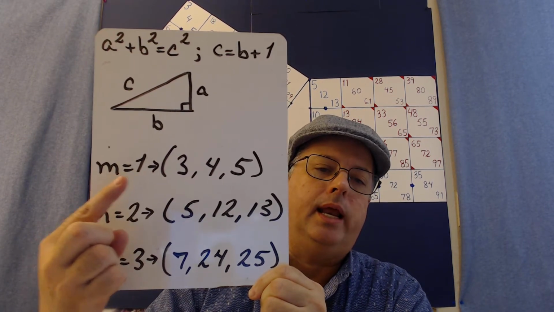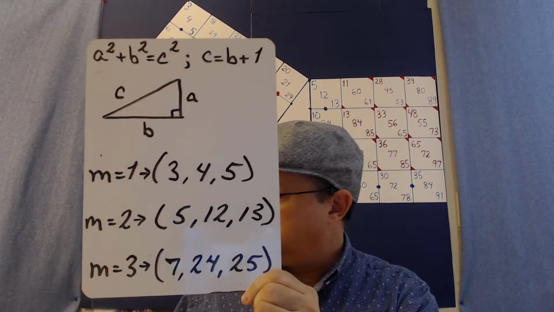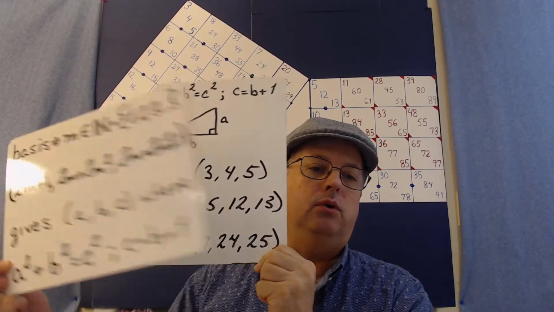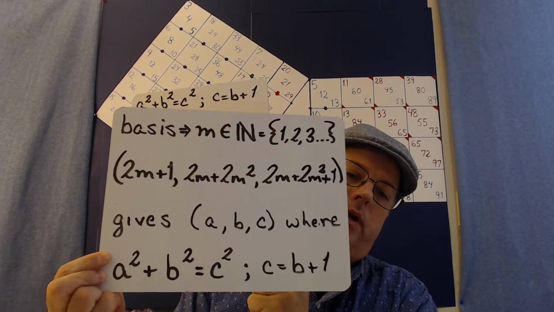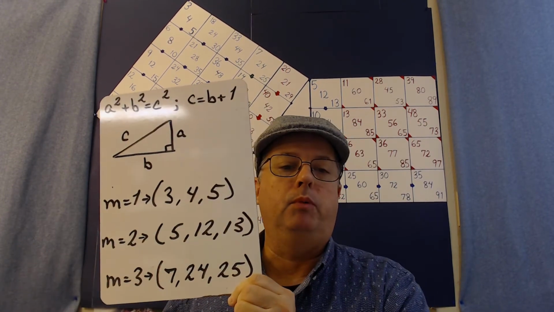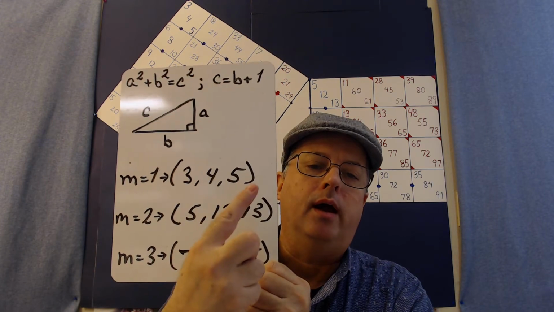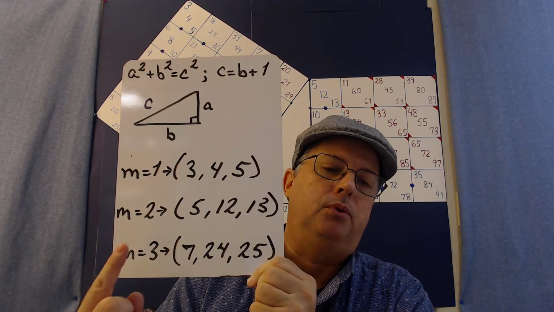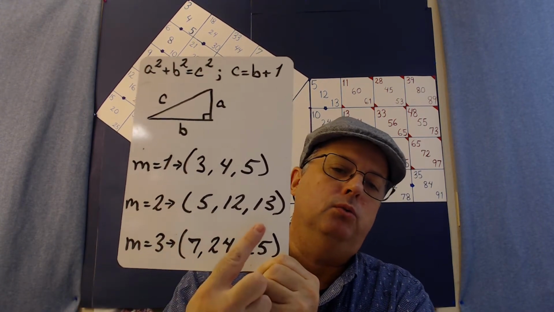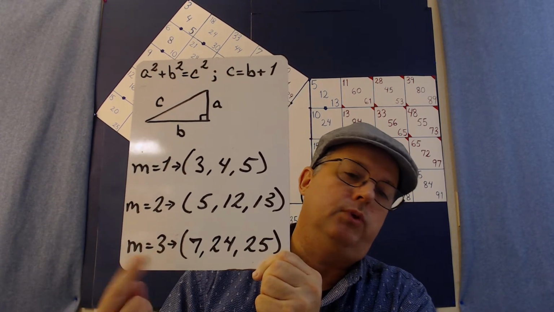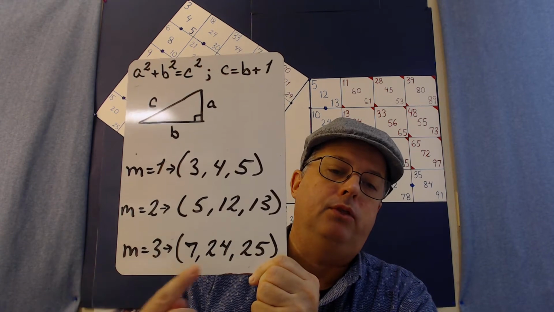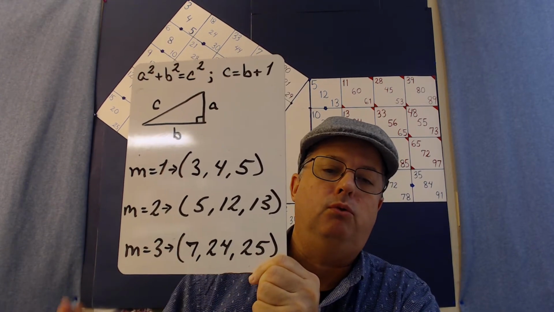And so if we let m be 1, and we substitute that into the generating formula here, then we will get the 3, 4, 5 Pythagorean triple. And if we let m be 2, we'll get the 5, 12, 13 Pythagorean triple. And if we let m be 3, we'll get this one, 7, 24, 25.